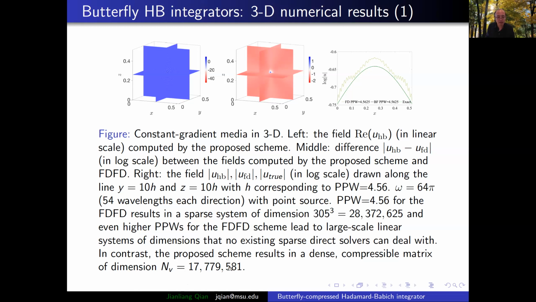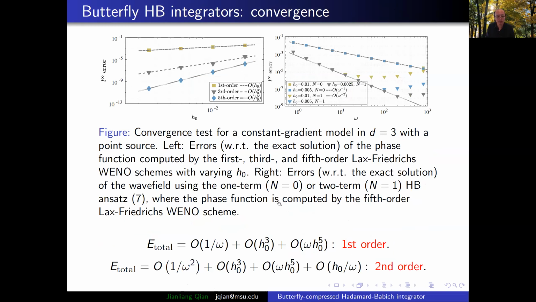Our method can go to around 70 million, and we can even go to higher frequency. That's no problem. Now, some convergence results. For computed ingredients, we have the desired accuracy, so that's no problem.